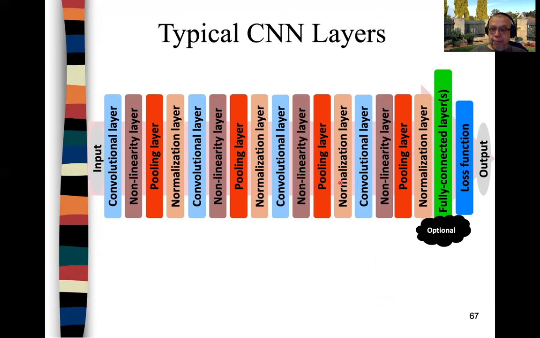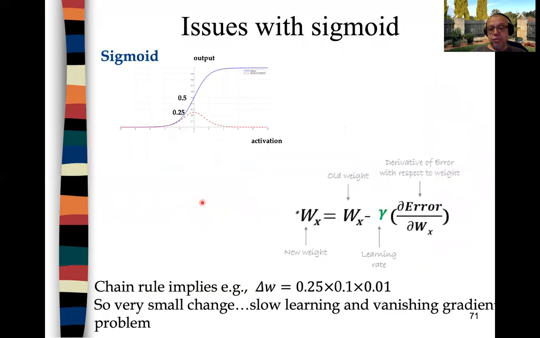And then we end up having these layers learn okay. But then because the delta vanishes or disappears or gets smaller and smaller, these earlier layers won't have the chance to learn or to adapt their weights. So this is what is called the vanishing gradient problem, okay? So that's a problem with the sigmoid.